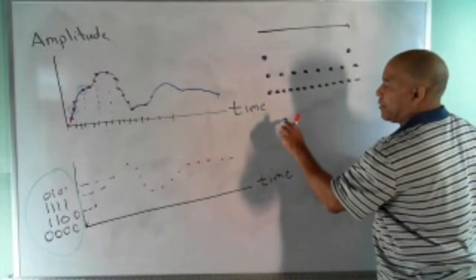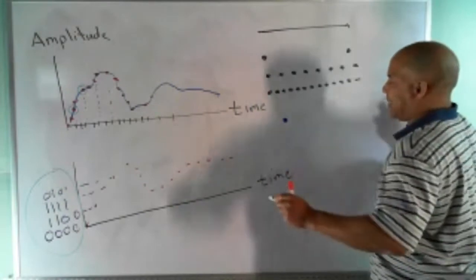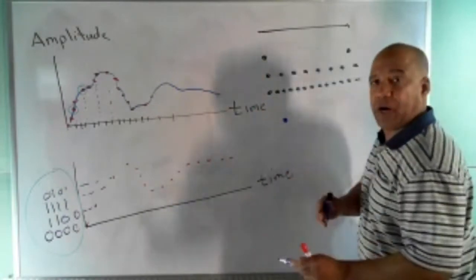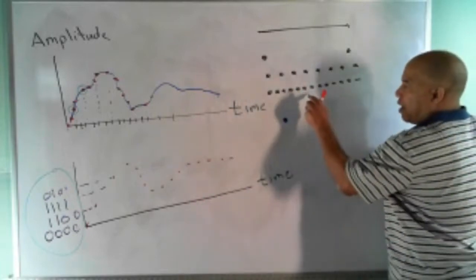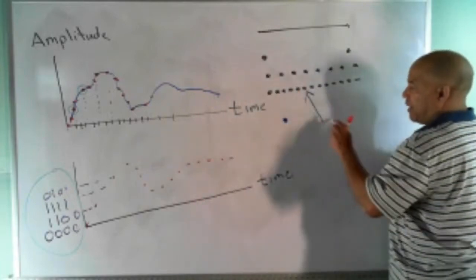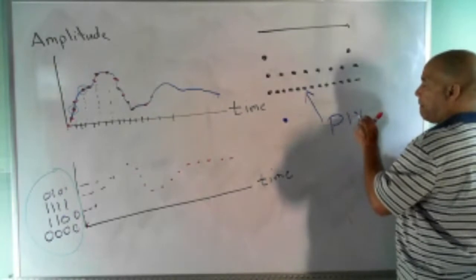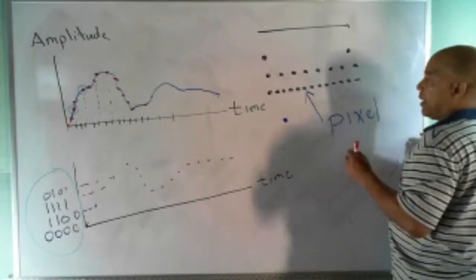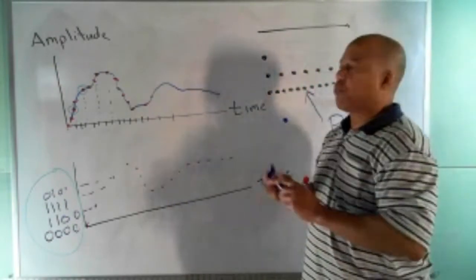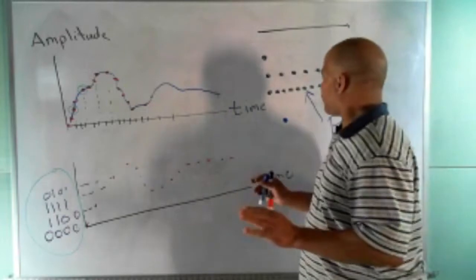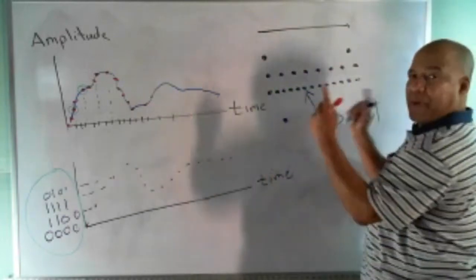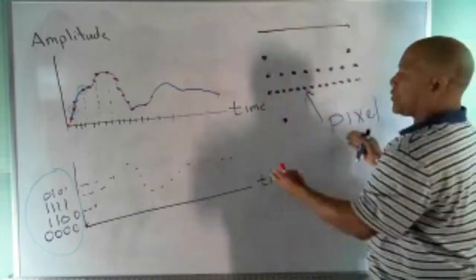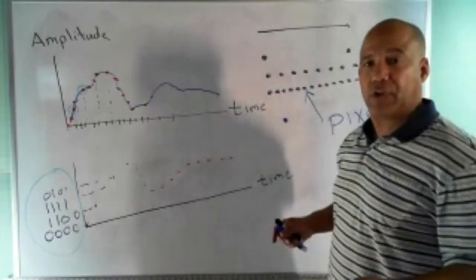So I might have a dot right there that can either be on or off, or it can go through a variety of colors depending on what digital code you put in. That would be called a pixel. And on a TV screen or a printer or anything digital, they'll look at the number of pixels in an inch. The more pixels you have per inch, the higher the resolution.